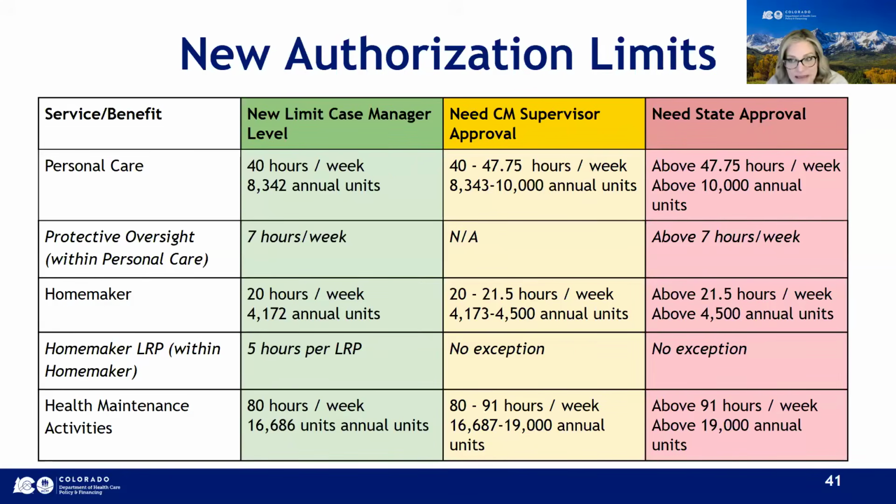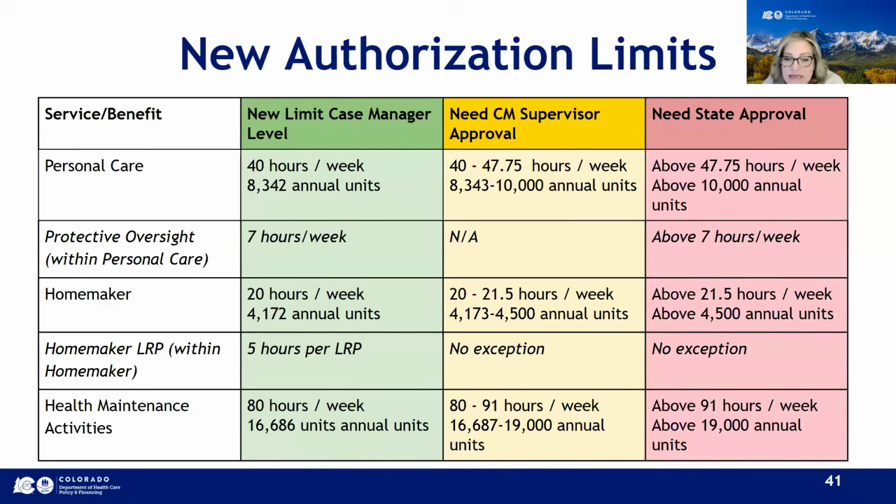You already may be thinking about members on your caseload that exceed these limits. Because these limits are considered soft caps, there's going to be a process by which you can request to authorize over the limits. These requests are going to be submitted to the state for review and approval.